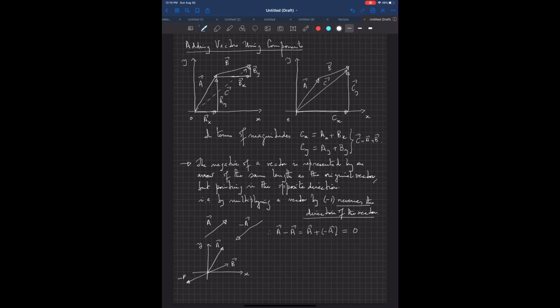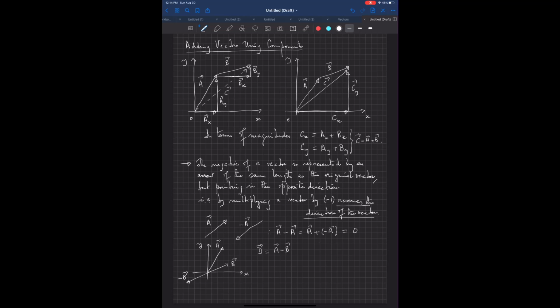Okay, this is minus B. And so suppose I want to determine the vector D, which is equal to A minus B. How do I do that?